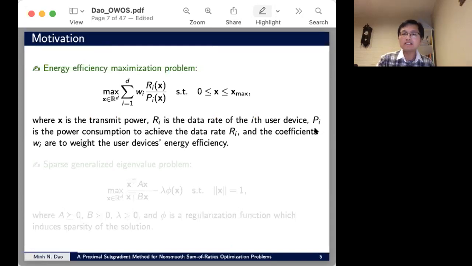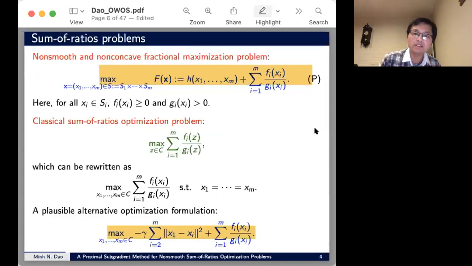Sum of ratio optimization problems arise in many areas, and in this talk we consider this class of sum of ratio problem P, because it covers many important non-smooth optimization problems in the literature.